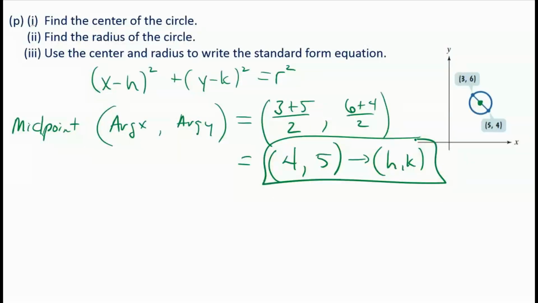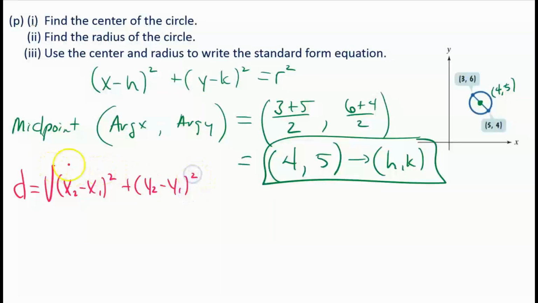Now, how am I going to find the radius? I know the center is at (4, 5). The radius is how far it is from the center to the edge. Well, how about that fancy distance formula we know? So d equals the square root of (x2 minus x1) squared plus (y2 minus y1) squared.